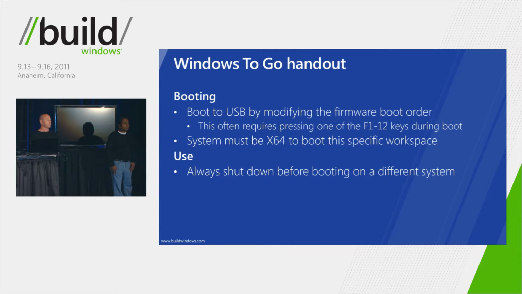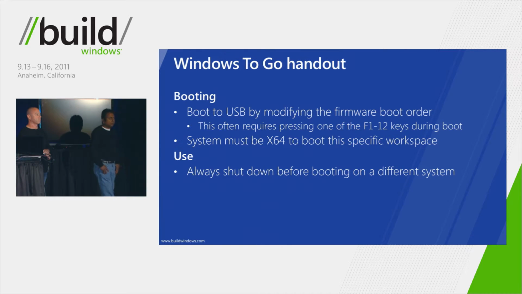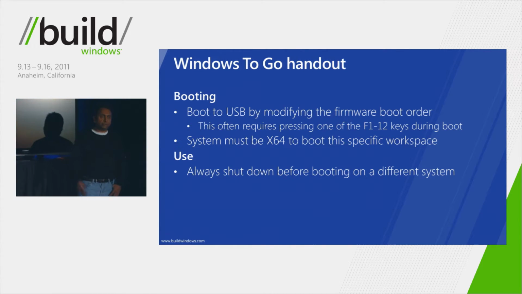So the question was, can I partition the drive into two different partitions and hide one partition as a Windows To Go drive and keep the other partition free so that it can be visible on other computers?